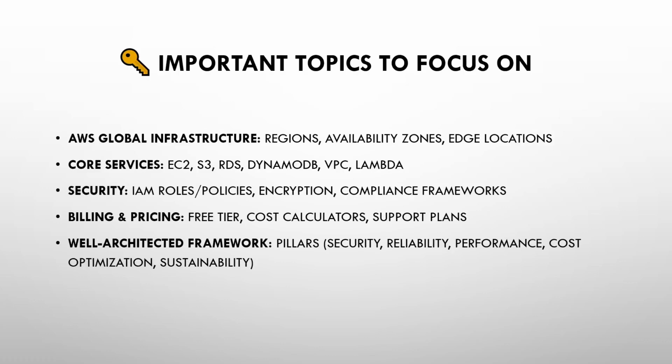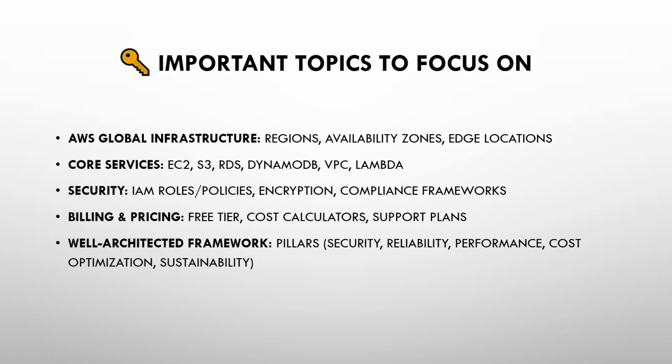A few of the important topics to focus on are AWS global infrastructure, which includes regions, availability zones, edge locations and all, and core services such as EC2, S3, RDS, DynamoDB, VPC, and Lambda. And security: IAM roles and policies, encryption, compliance frameworks, etc. Under billing and pricing, you will get the free tier, cost calculator, support plans and all.